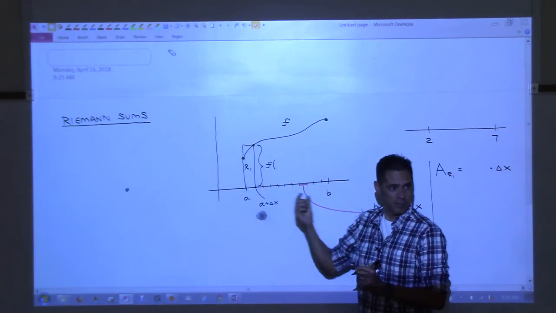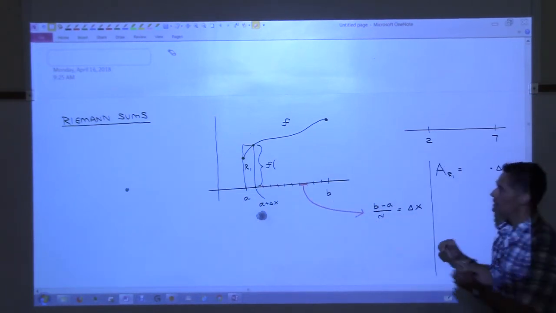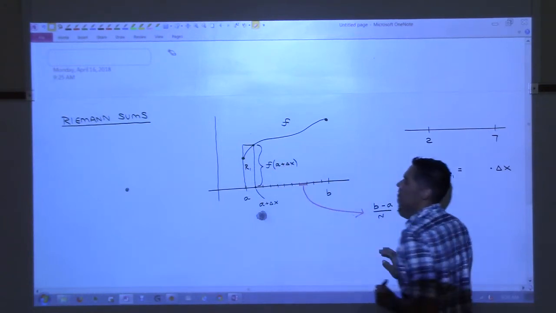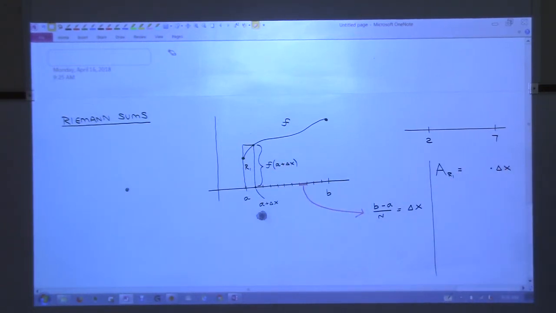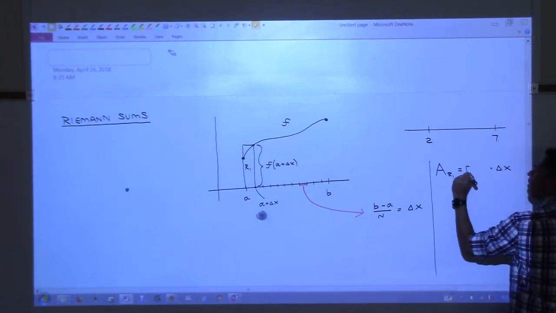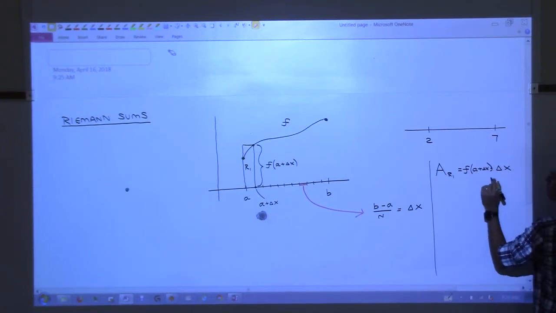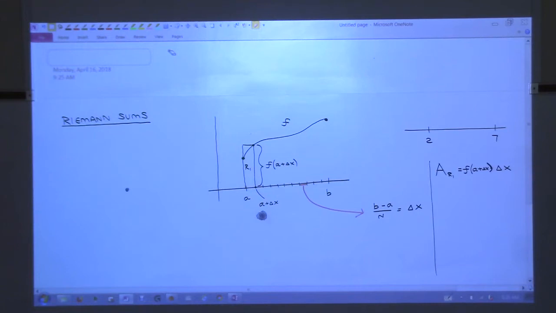So this is f of a plus delta x. That's how tall that rectangle is. So I'm going to put that here: f of a plus delta x.